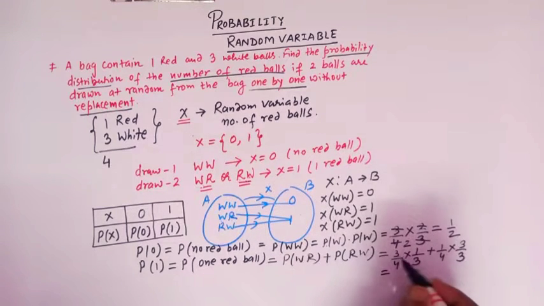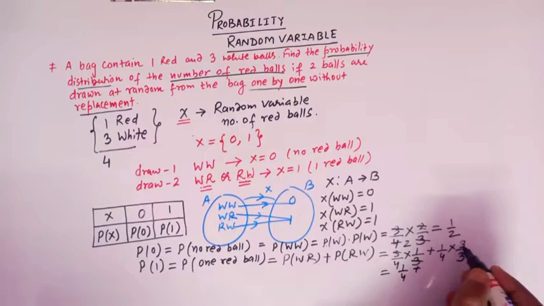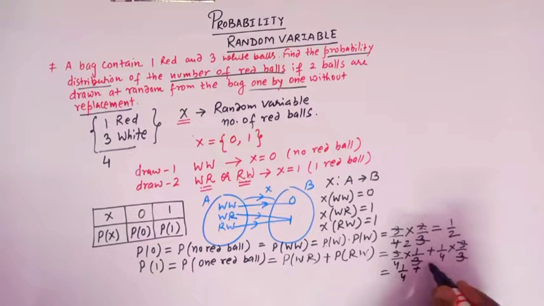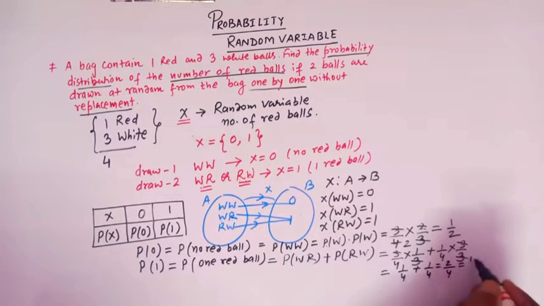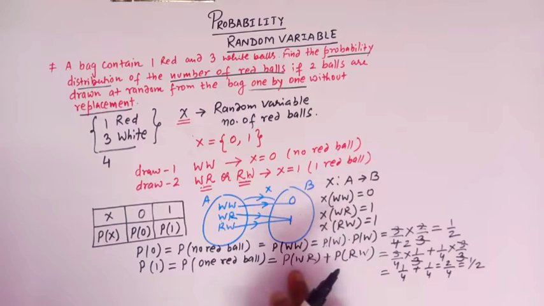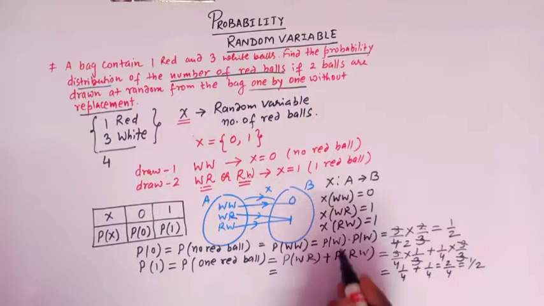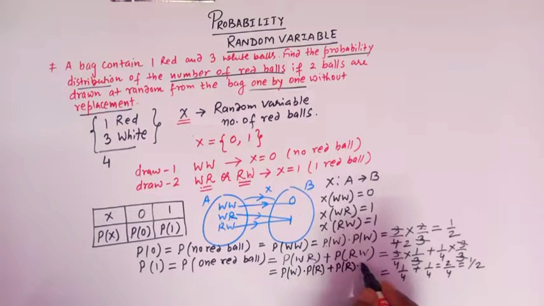So 3 and 3 get cancelled, so we have 1 over 4, and here 3 and 3 get cancelled, so we have 1 over 4. This is 2 over 4, that is 1 over 2, right? So this expression can also be written like this: P(W) times P(R), plus P(R) times P(W), right?